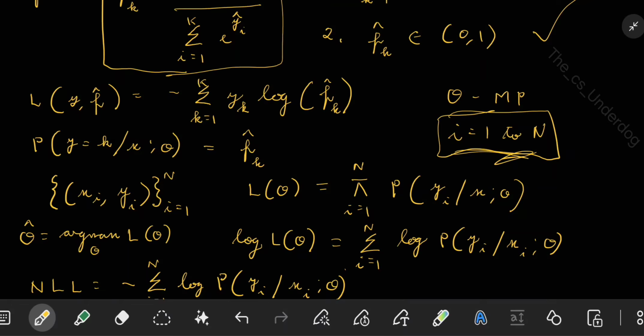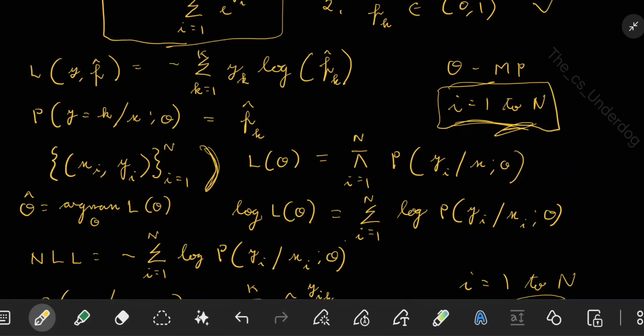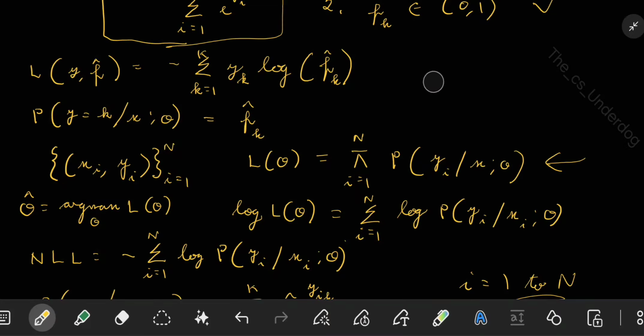That is the aim. Then we said we have n different inputs which are having xi as the input and yi as the output. Then your likelihood can be written as product of all the probabilities. For each of the n inputs, the probability of right class, that should be maximized. This is what you want to do.